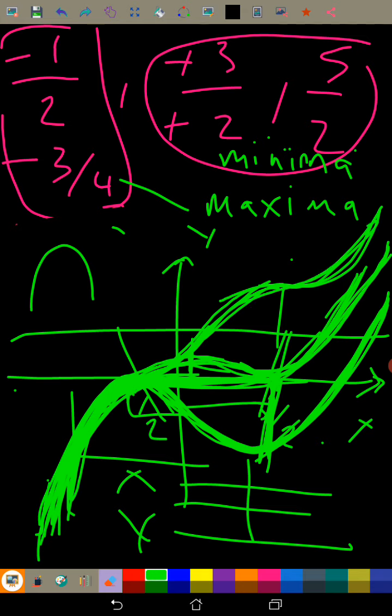This is a maxima. Guys, this is interesting. I think this sounds more plausible. I think that's more plausible.